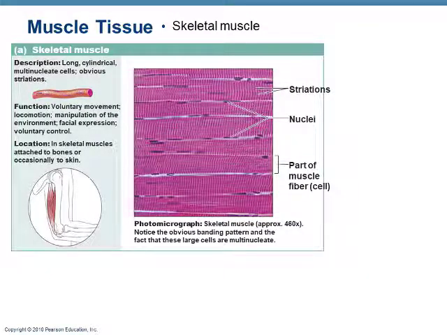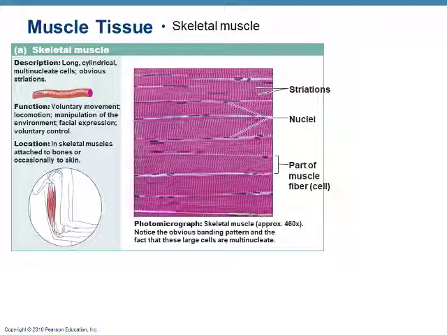So we say peripherally located multiple nuclei. Make sense? Not located in the center, located peripherally, away from the center. How many? Multiple.